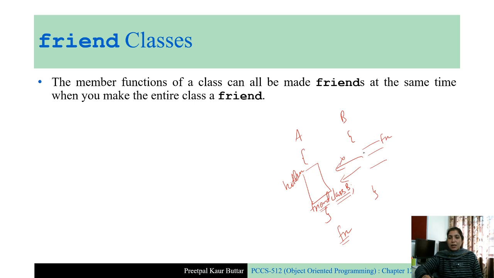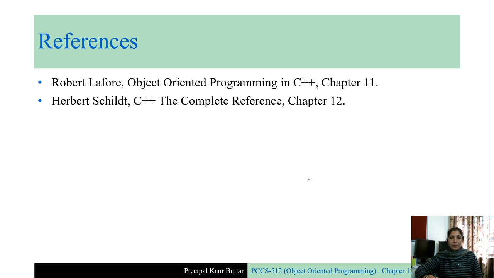So it has become a friend of class A. Now all the functions inside class B can access all the hidden data of class A. We will also see a few examples of friend classes in the programming practice. And these are the references for this chapter on the friend keyword.